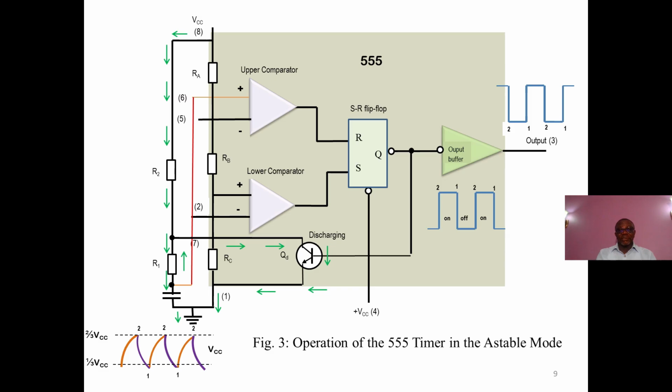So the output of the RS flip-flop, which normally has 2 outputs, Q and Q bar, will drop from 1, then goes up. That is the pulse form we are showing to the right under the output buffer.